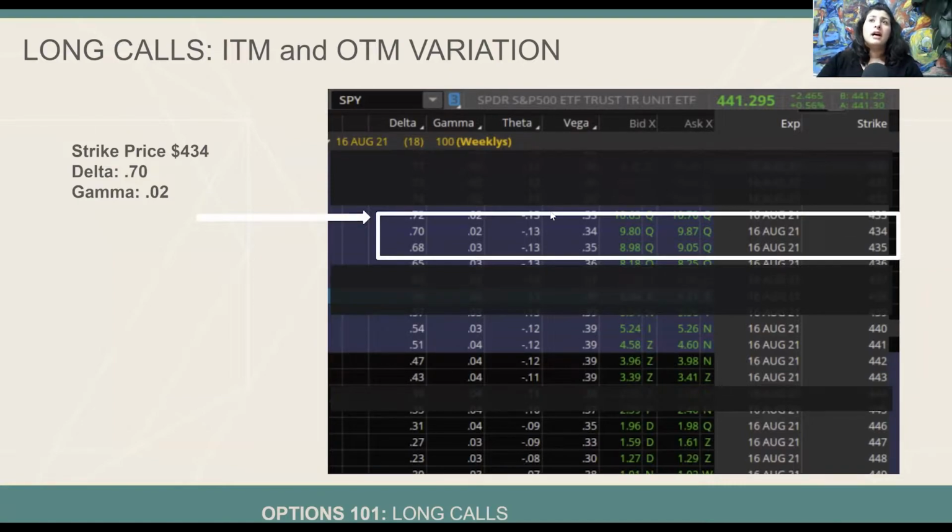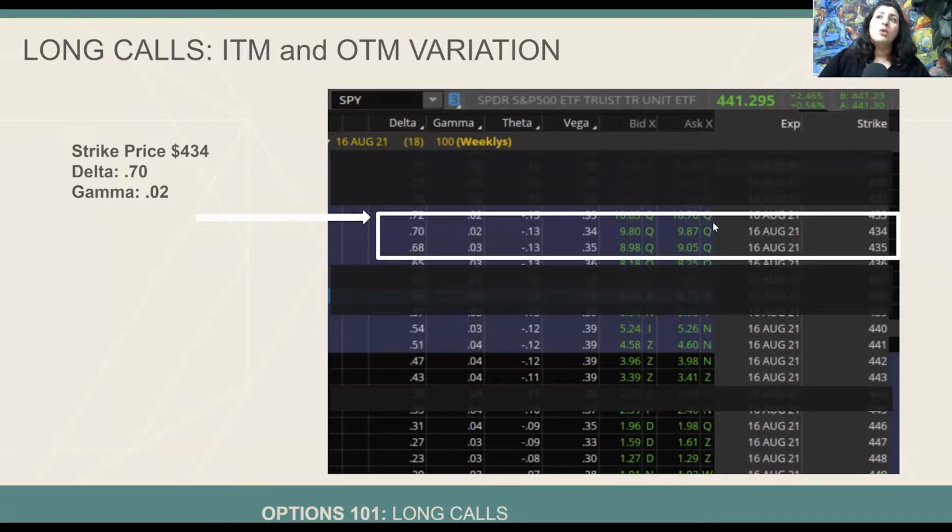A lot of times, again, people will want to minimize how much it costs to get in. So they will look at contracts that are slightly out of the money. And when you do that, the delta is a bit smaller.